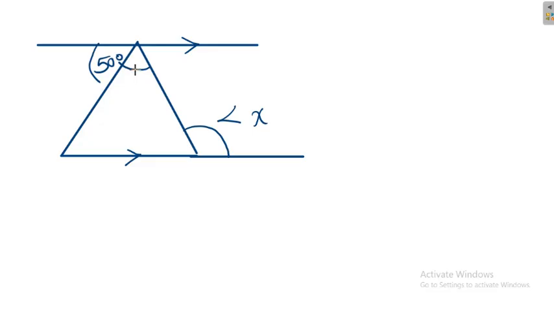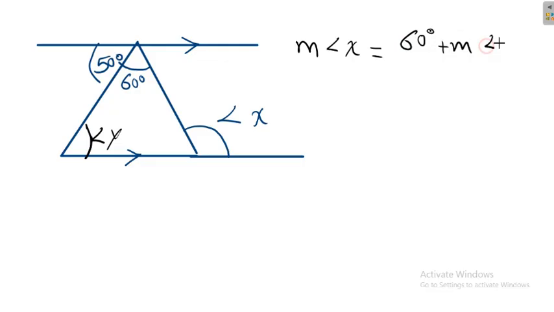And this angle is 60 degree. What is the measure of angle X? Let's name this angle angle Y. Measure of angle X, because it is exterior, equals the measure of the two interior angles of the triangle which are not adjacent to it. They are 60 degree plus measure of angle Y.